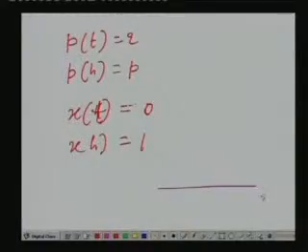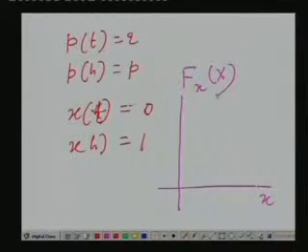It will be like this: plot this axis, this is for x, and this axis, this is for F. Now, as x goes from 0 to 1, what is the corresponding probability in this range?